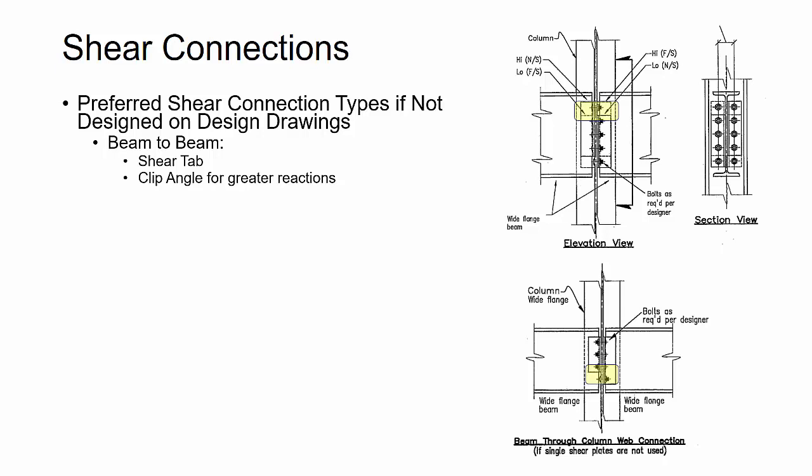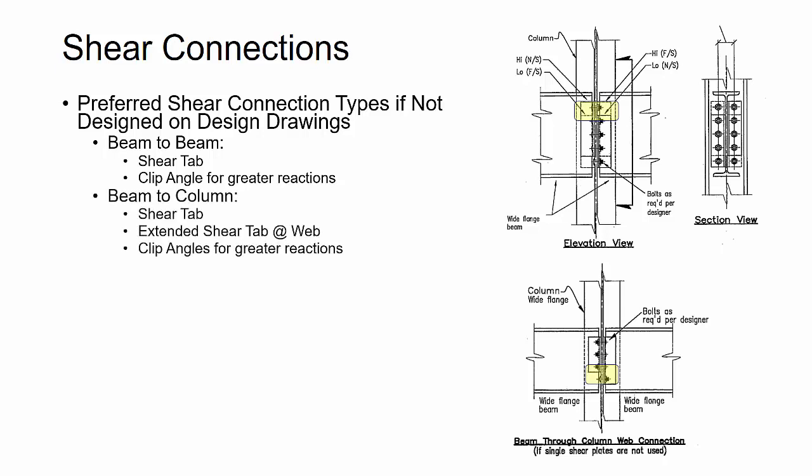So this one fabricator on this job wanted shear tab connections first for their beam to beam, and then clip angle for greater reactions. You can get a greater shear capacity with the number of bolts on clip angle connections than you can on a shear tab, but shear tabs oftentimes are easier and more friendly to erect. Then looking at beam to column, if you have W flange columns, again, you may want to start with shear tab connections.